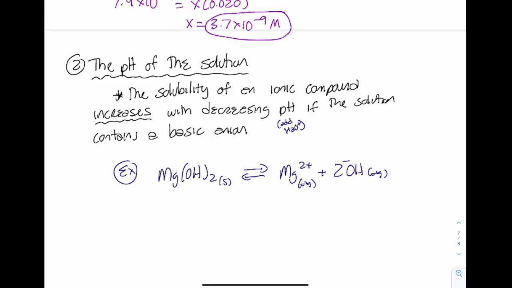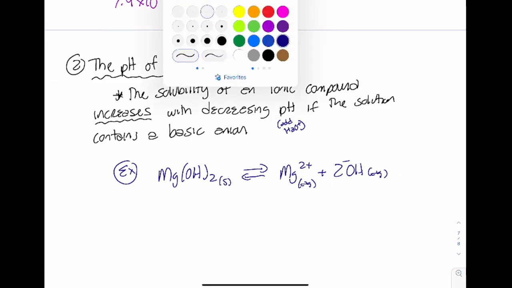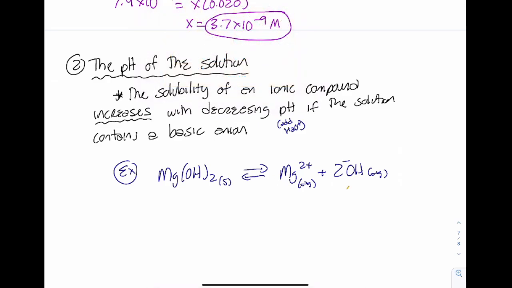So as the solution becomes more and more acidic, what we're essentially doing is we're removing this base. As H3O plus is added, our hydroxide ions are neutralized. We're going to form water.